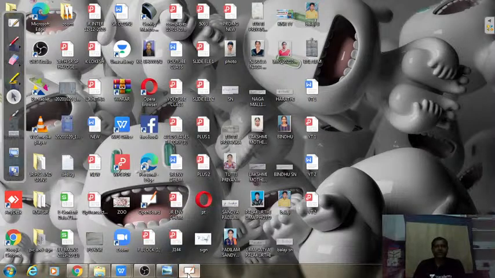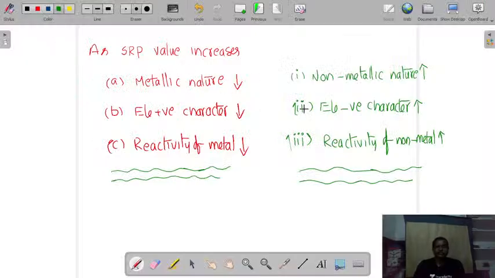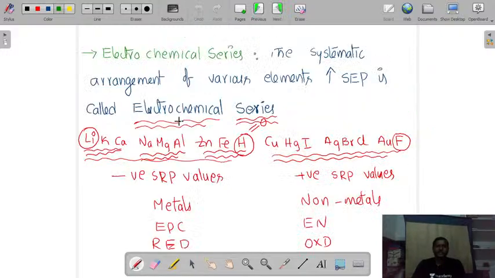Okay, and as SRP value increases, from lithium to fluorine electropositive character decreases.